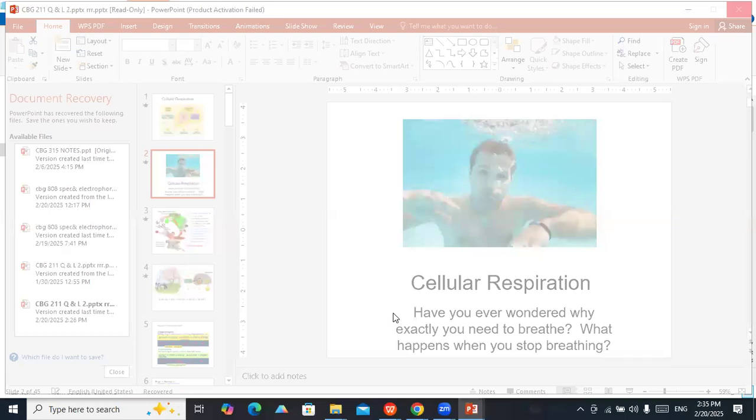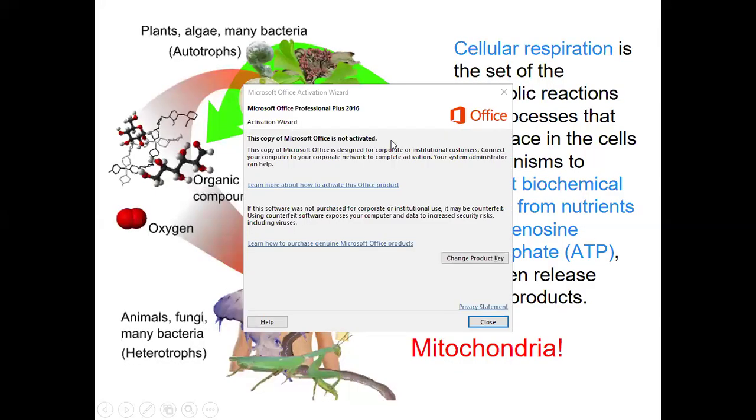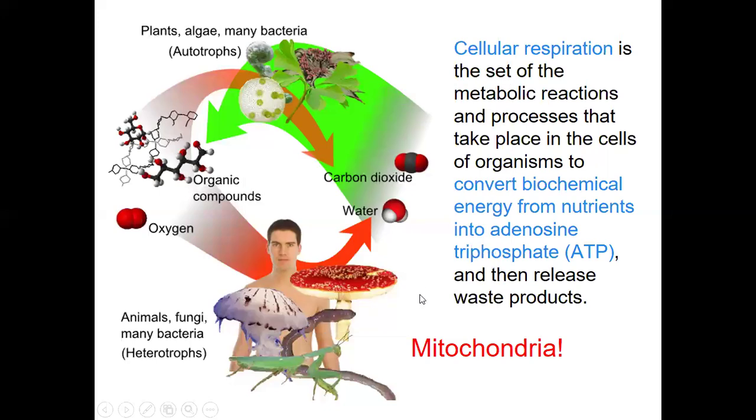So, looking at glycolysis, the citric acid cycle, and the electron transport chain vis-a-vis oxidative phosphorylation, and their concomitant generation of energy.